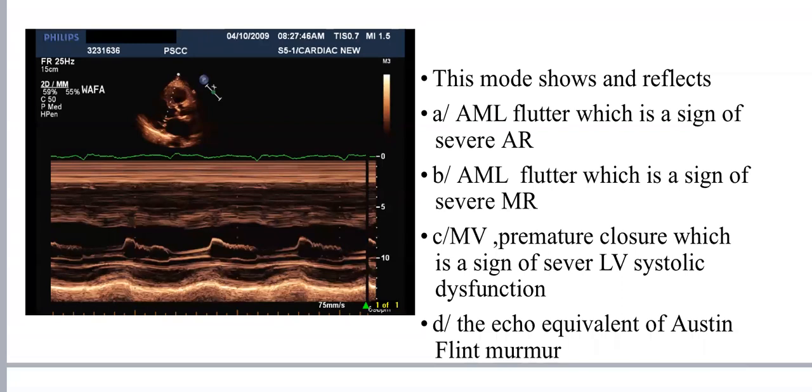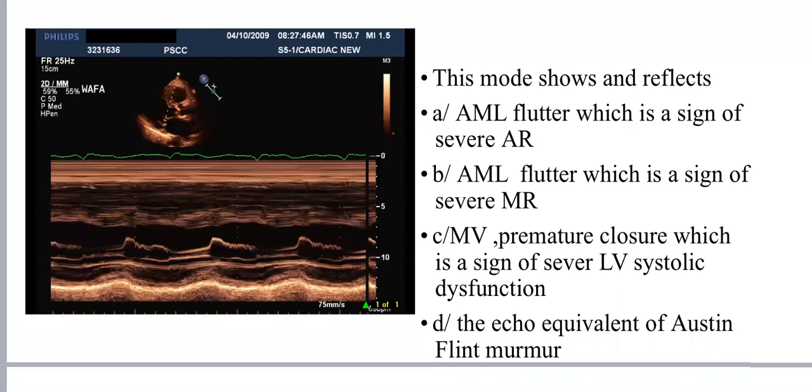Okay, Dosouky, can you explain for us this D? Yes, Austin Flint murmur. The explanation is that the jet of the AR, whether it is severe or moderate or even mild, if it impinges on the anterior mitral valve leaflet, will cause this fluttering.